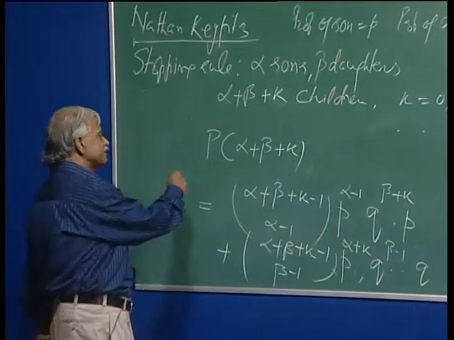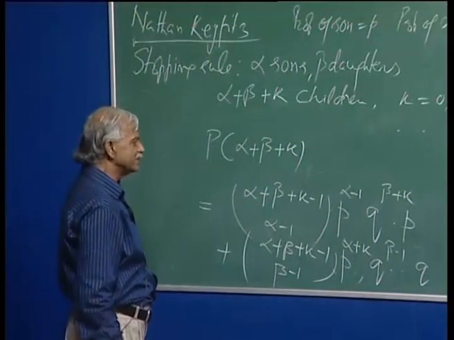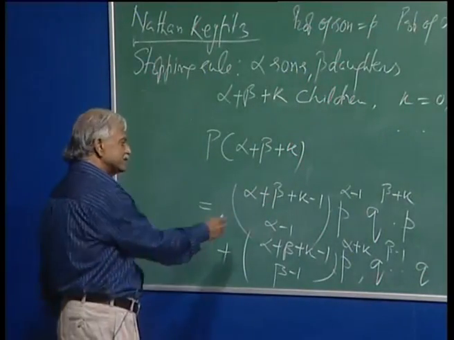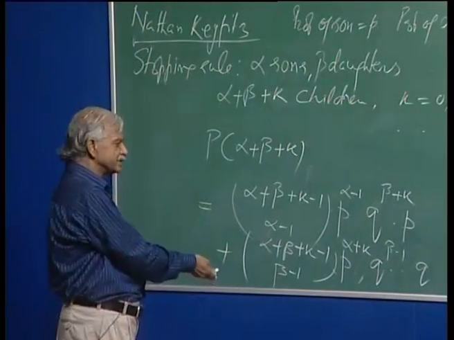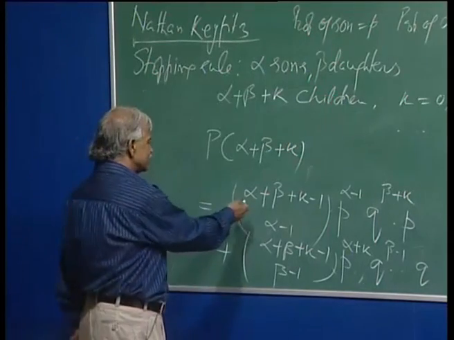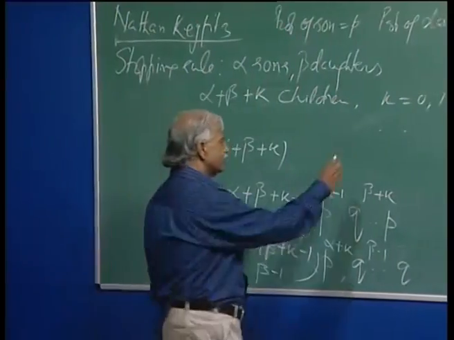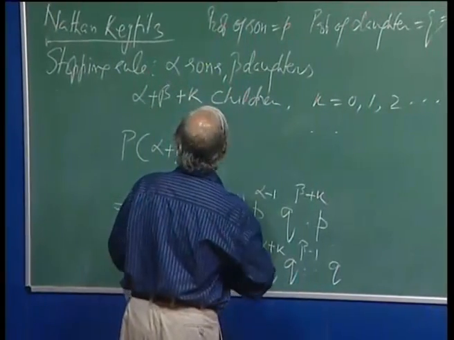So, this is the expression. The probability that they will stop after having alpha plus beta plus k children is this. Since these two are mutually exclusive events, either the couples were waiting for a son or they were waiting for a daughter, these two probabilities can be added.